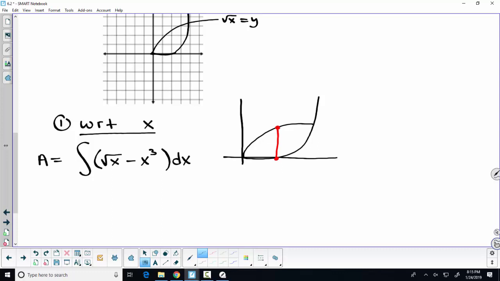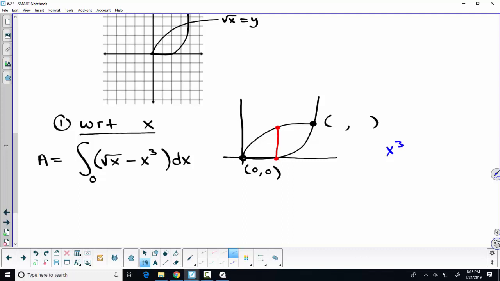So in both cases, you've got to find their intersection point. This one is clearly the origin, 0, 0.